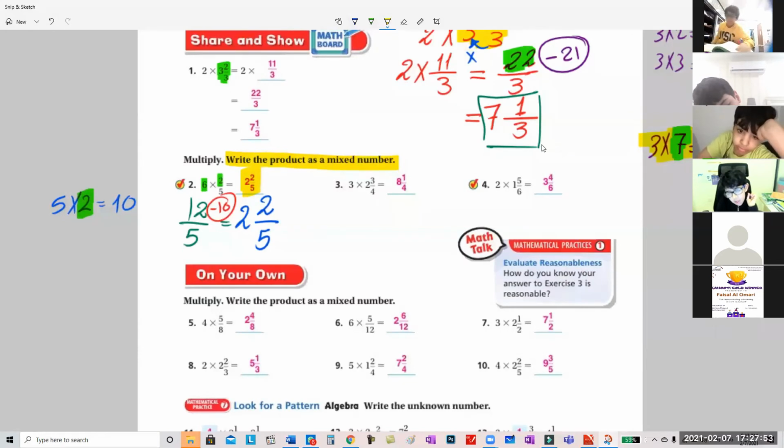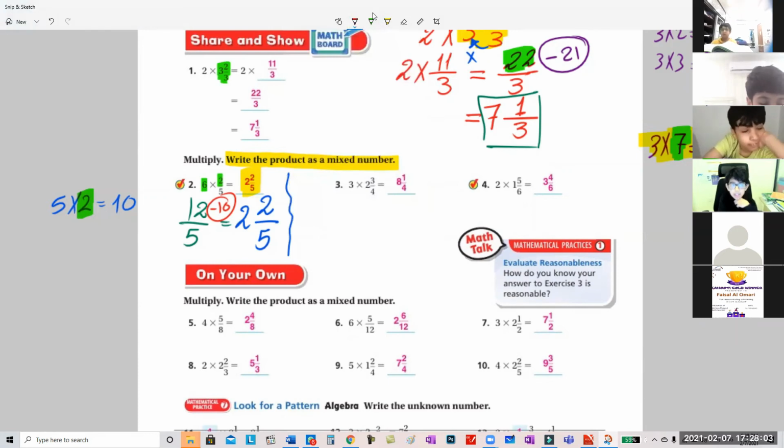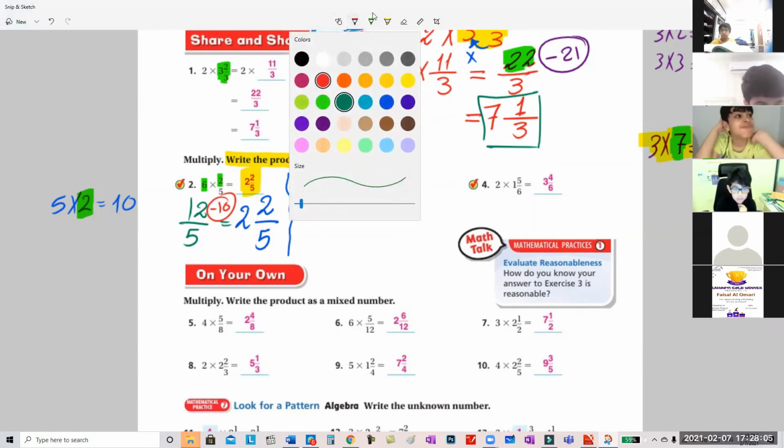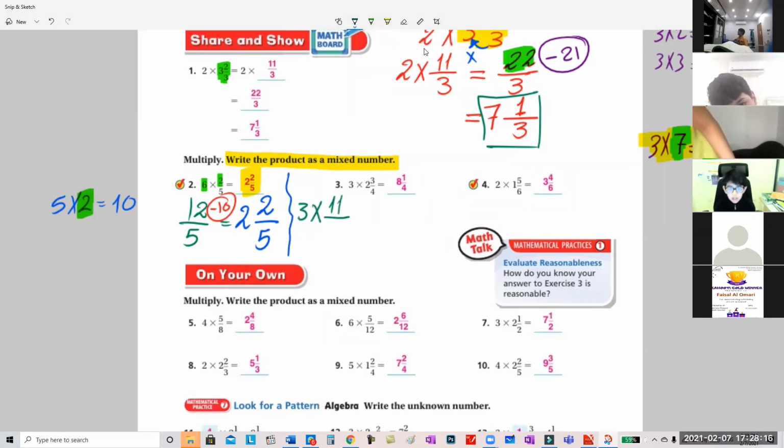How can we solve that? First, we see the denominator. We multiply it with the whole number, it's going to be 8, then 8 plus 3 equals 11. So 3 multiplied by 11 over 4.